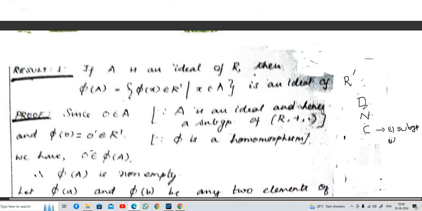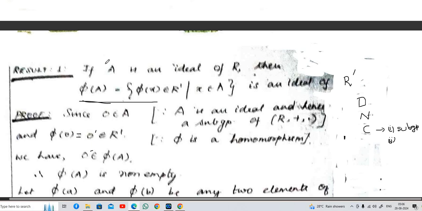This we have already been mentioning, that the description and the criterion are to be remembered for any subcollection to be a substructure of the given one, or a special substructure. Right, now first we have to show that it is non-empty.